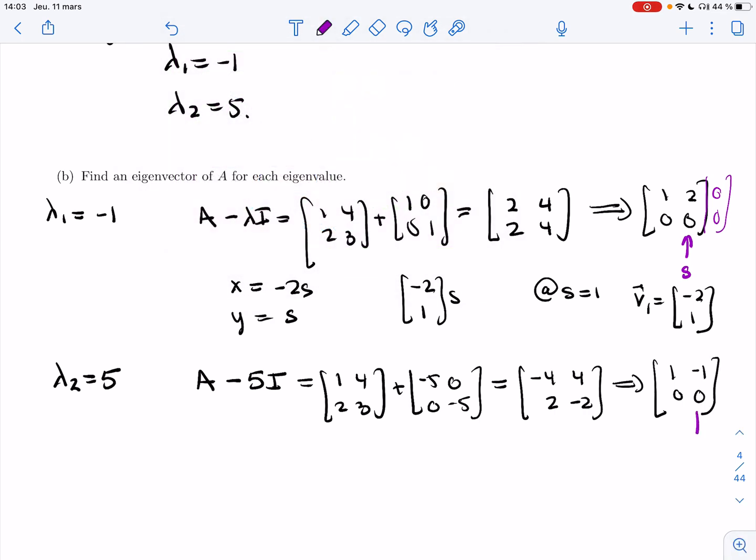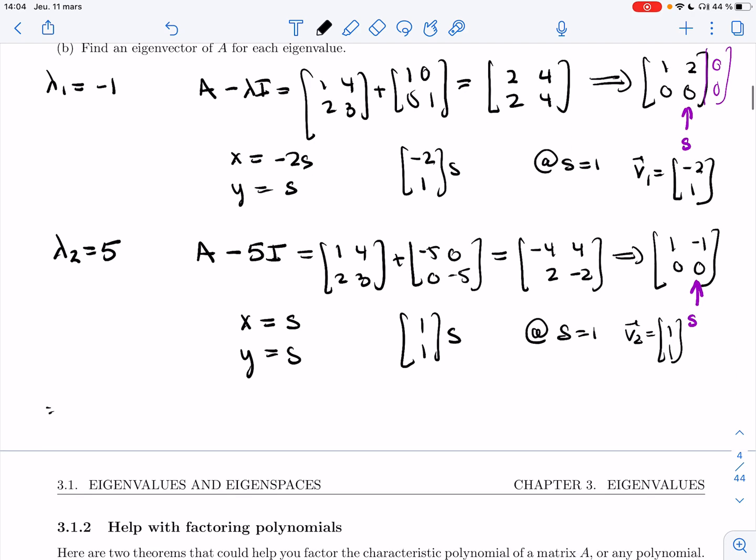Again, I'm looking at the homogeneous system. So I'm going to have a free variable here. x is s, y is s. So I get 1, 1 times s. And I just like to take s equals 1. I get 1, 1.